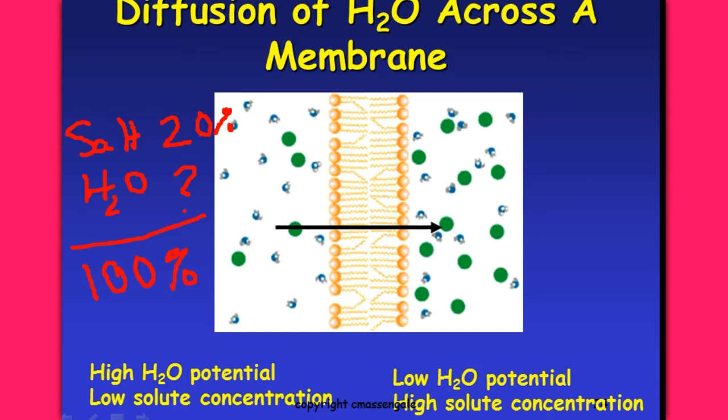If the solution has to equal 100%, that means that the water potential on the left-hand side of that membrane is 80%. Well, what if the salt concentration on this side of the membrane was 50%? How much water is there on this side?